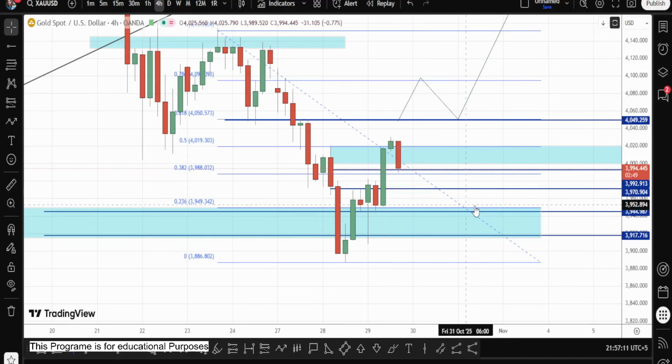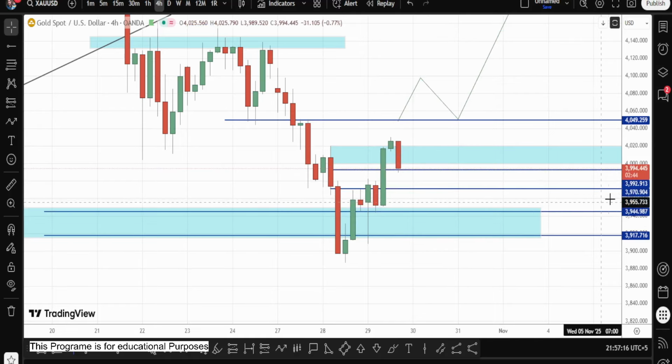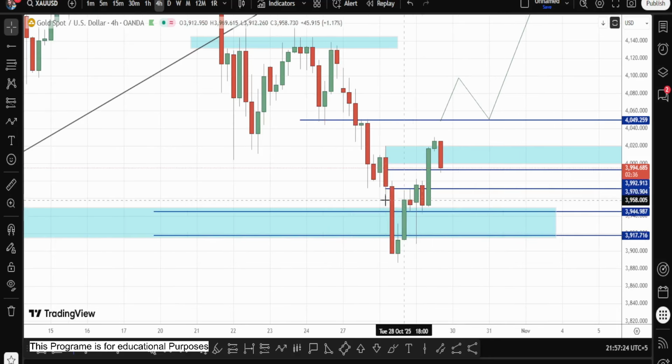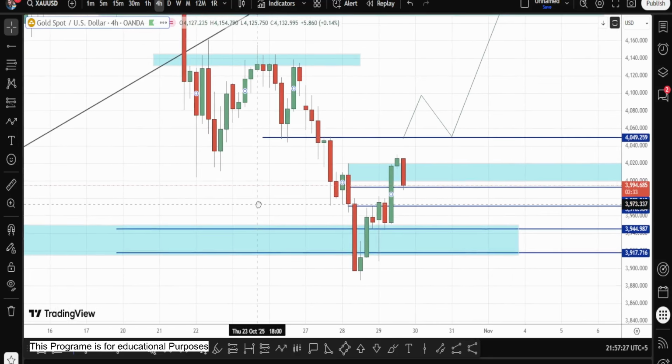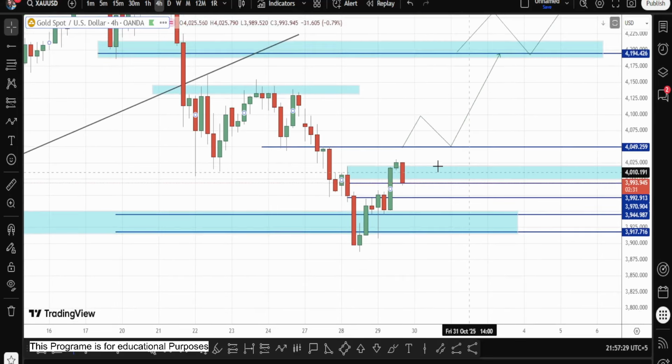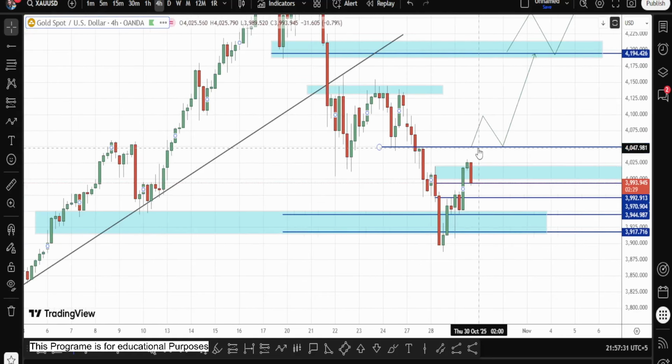The ideal move in my situation will be 39.70. If I get a chance at 39.70, I can trade, and then 39.44, 39.17, all of these levels I can trade to the buy side of the market. The safest entry will be, since this level is also a 61.8% retracement of these sellers.